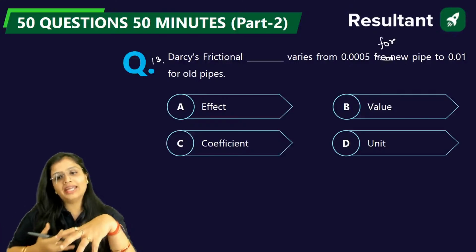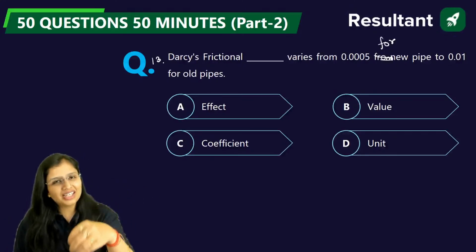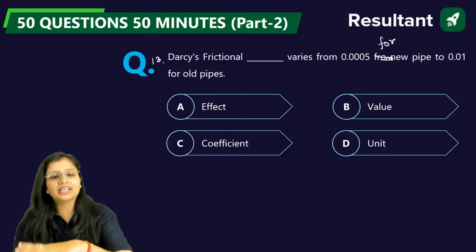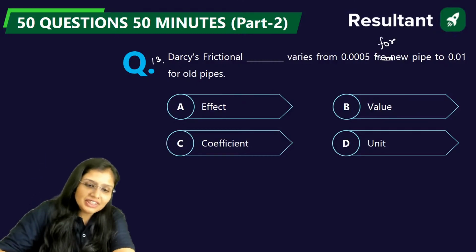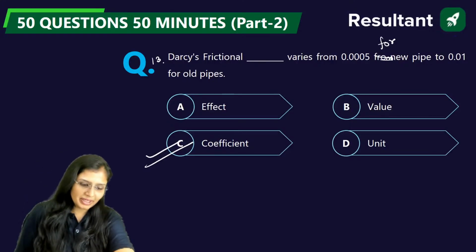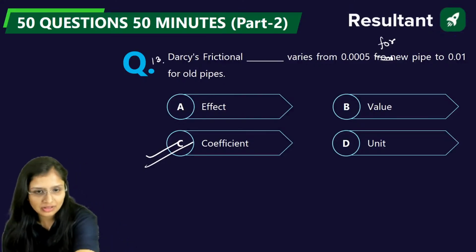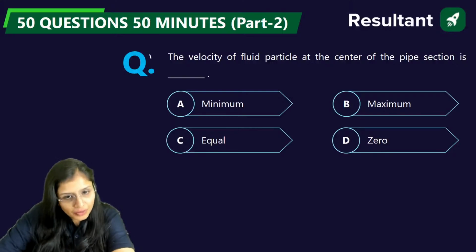Eventually over time, the particles in the solid start to get deposited, and the frictional value will increase. So Darcy's frictional coefficient varies from 0.0005 for new pipe to 0.01 for old pipes. Clear? Correct. Okay. Now, question number 14.